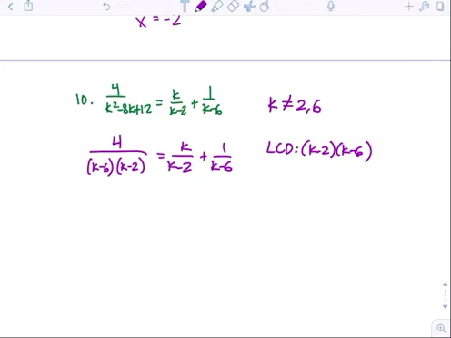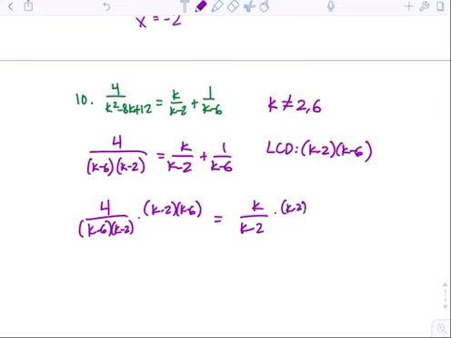And we're going to multiply each part by that LCD. So 4 over k minus 6, k minus 2, times k minus 2, k minus 6, equals k times k minus 2, multiplying this part by the LCD, plus 1 over k minus 6, multiplying that by the LCD.